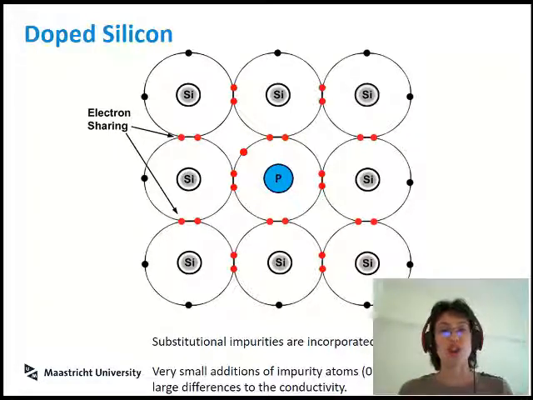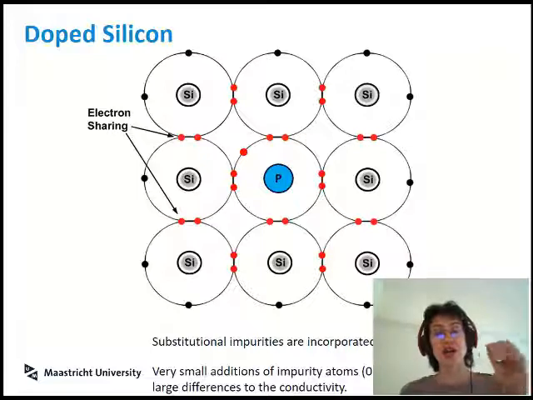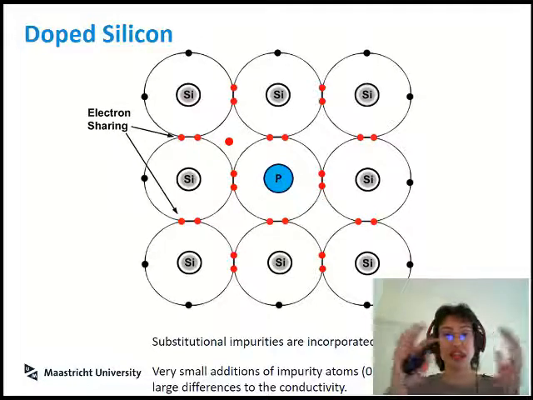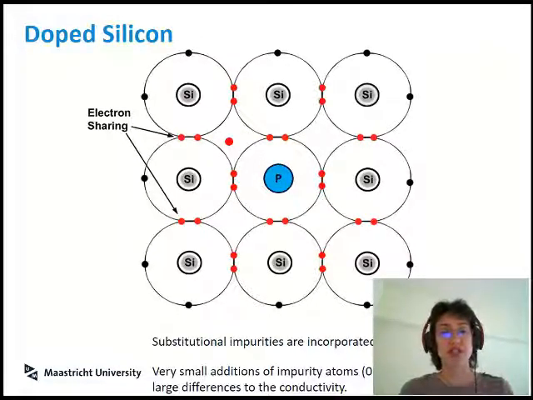That electron is not actually shared with any of the other silicon atoms. And that means that if you add energy to the system, it takes very, very little energy for it to break free of its orbital because it's not involved in bonding. So that takes much less energy than to liberate one of the outer electrons from the silicon atom itself.